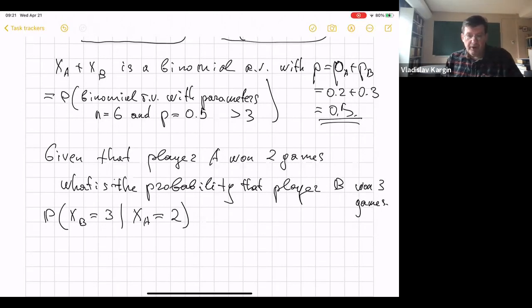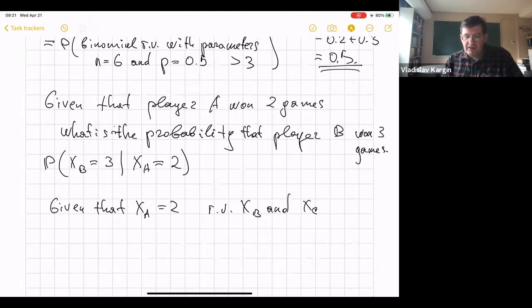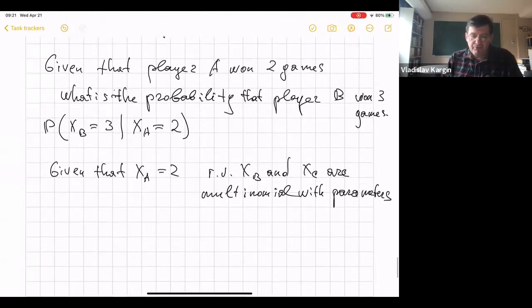Now if you look at Theorem C, it says that given that X_A is equal to 2, the random variables X_B and X_C are multinomial with parameters... okay, so what's the parameter here?